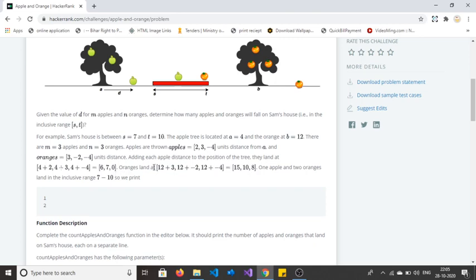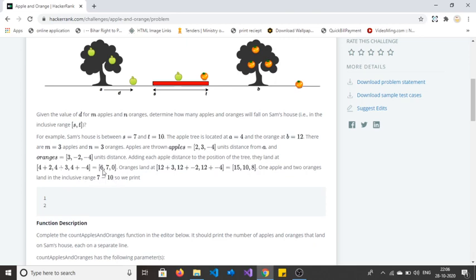Now where the oranges land. The orange tree is located at position 12, so I am adding 12 plus 3, 12 plus minus 2, and 12 plus minus 4, and the values become 15, 10, and 8. These are the actual positions of the oranges. So 1 apple and 2 oranges land in the inclusive range of 7 and 10.